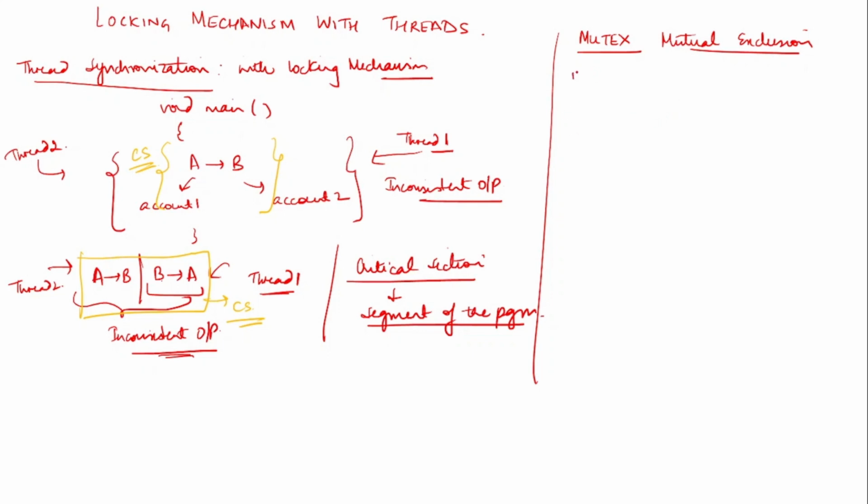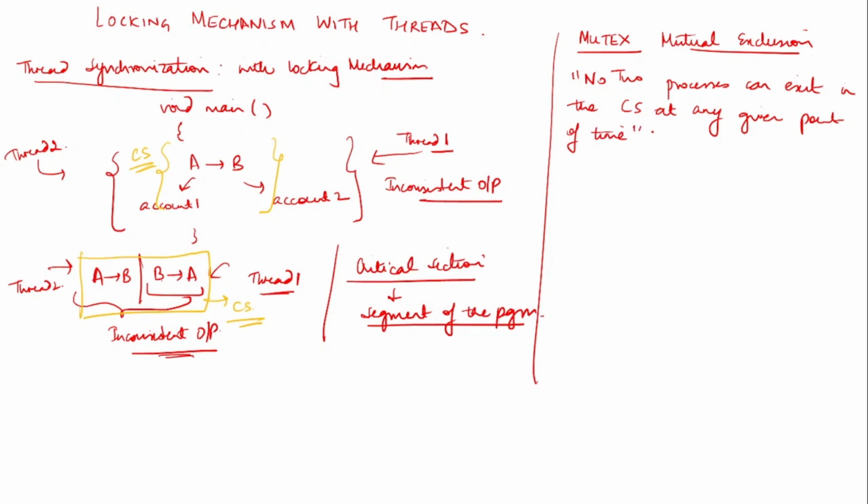It basically states that no two processes can exist in the critical section at any given point of time.